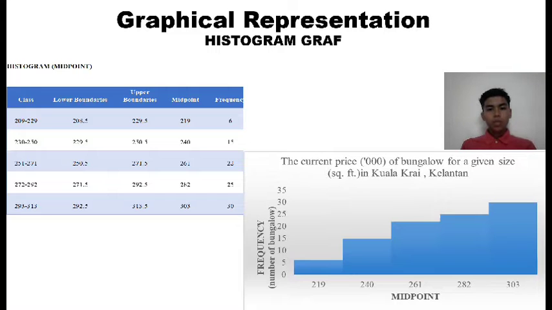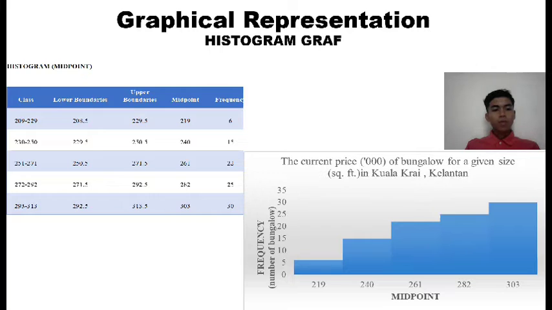Today I would like to present about graphical representation. First is the histogram graph. I will present the current price of bungalows for a given size in square feet in Kuala Krai, Kelantan. For class 1, 209 to 229, the midpoint is 219. Number 2, 230 to 250, the midpoint is 240.